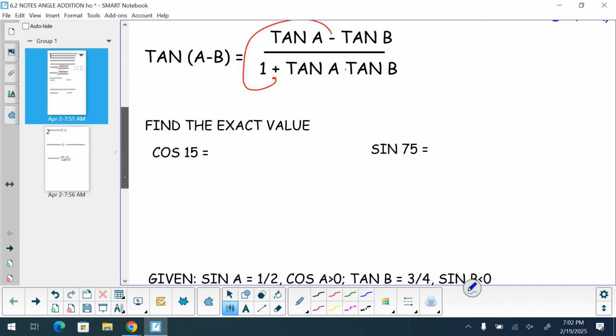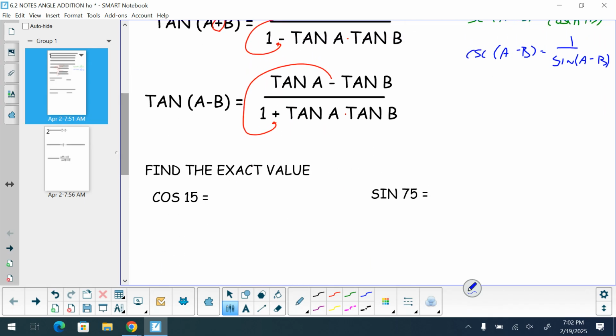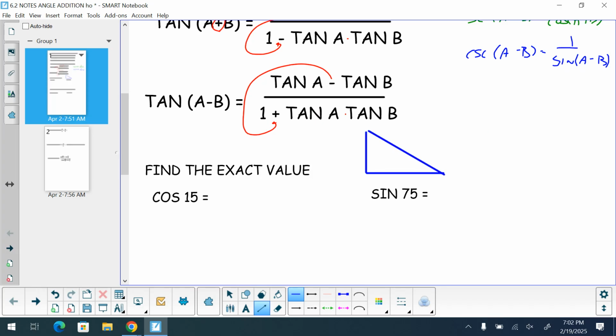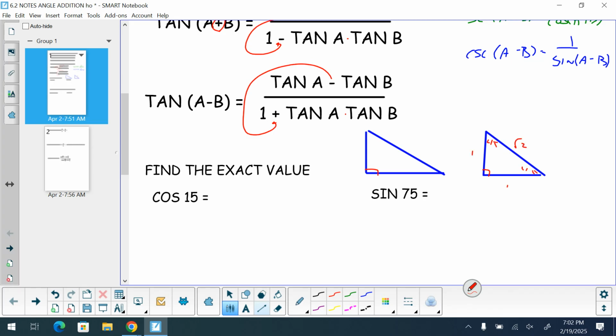We want to come up with exact values. What we've dealt with for exact values before are two special triangles, a 30-60-90 and a 45-45-90 right triangle. When we have a 45-45, we have 1, 1, square root of 2. When we have a 30-60, we have 1, 2, square root of 3.